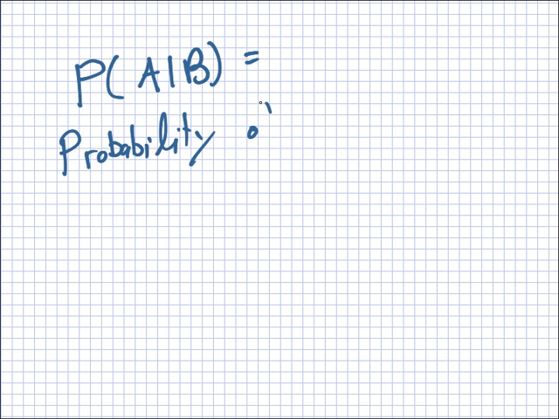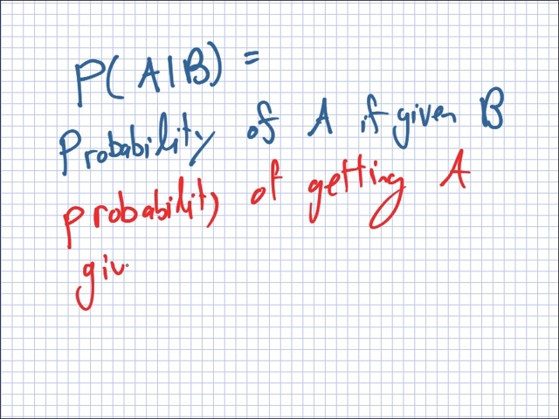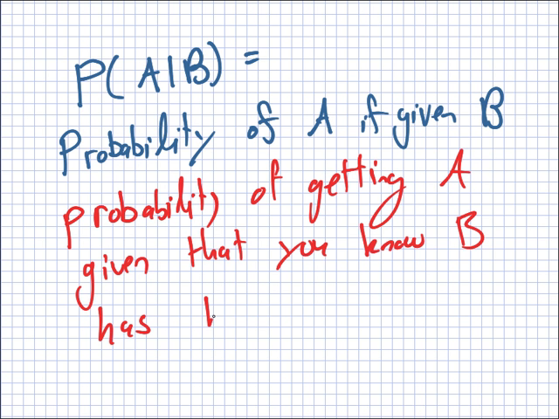So it's a probability of A given B. In other words, put simply, it's the probability of getting A given that you know B has happened.